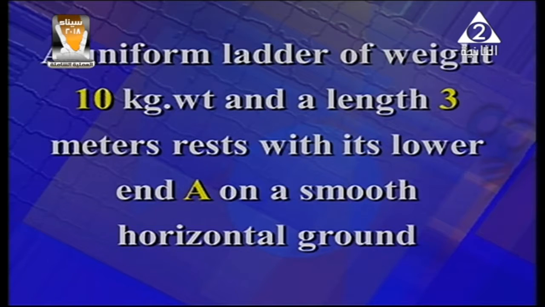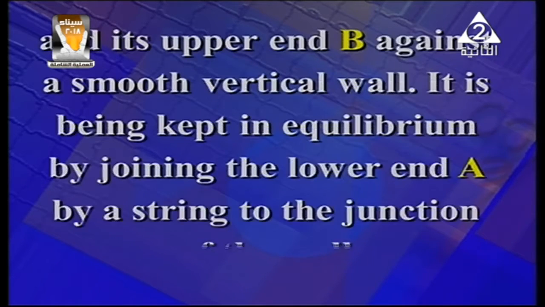A uniform ladder of weight 10 kilogram and length 3 meters rests with its lower end A on smooth horizontal ground and its upper end B against a smooth vertical wall.